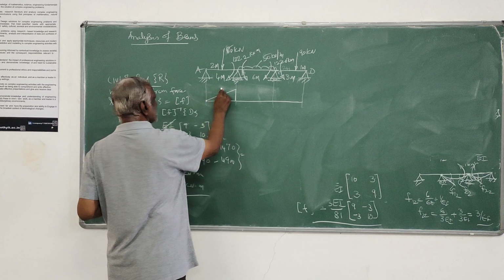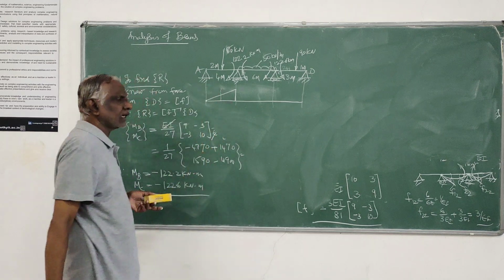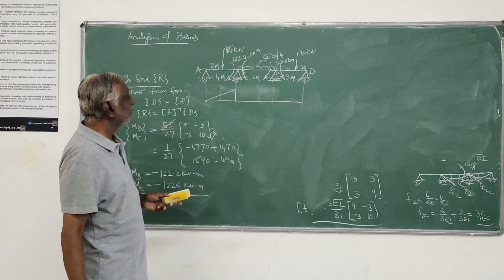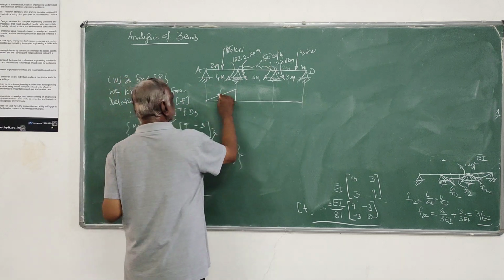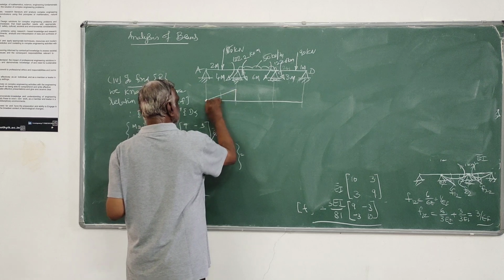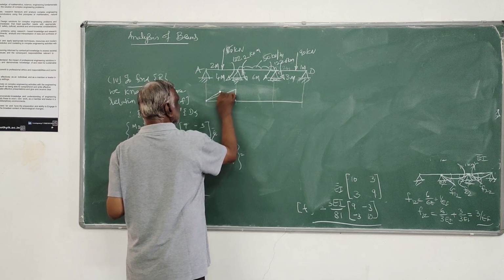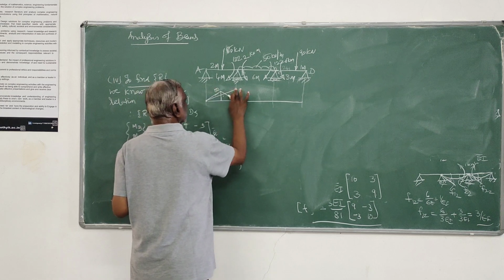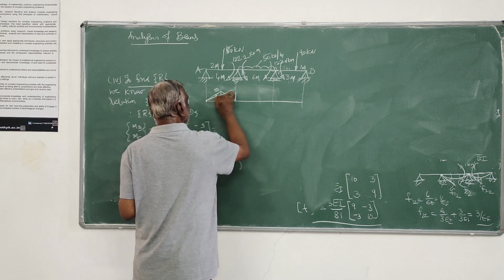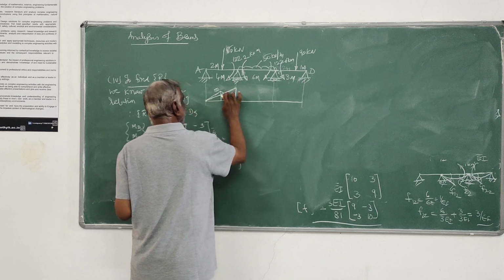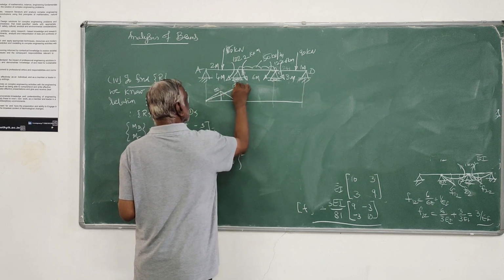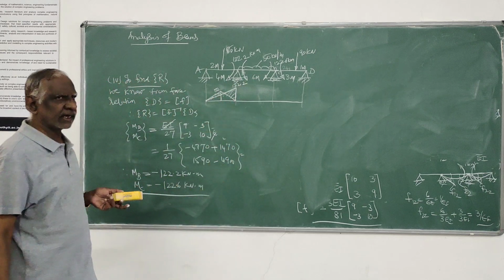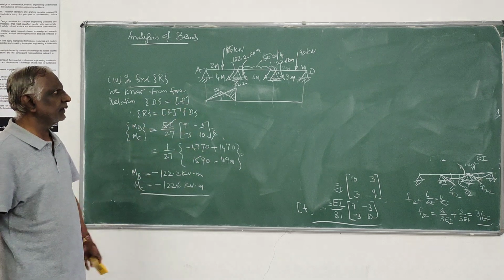On this, I can superpose the free moment diagram, which is 80 into 4 divided by 4, that is 80. It is like this. This is 80, this is 122.2. So this is the net moment diagram in the span AB.